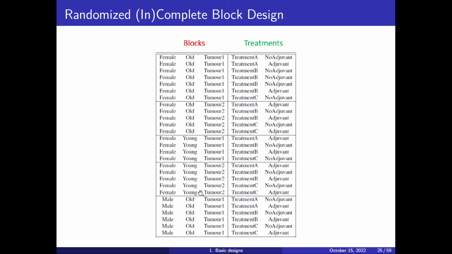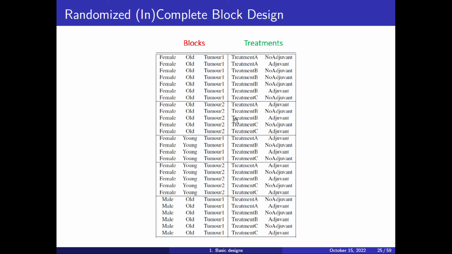And you may observe an interesting feature here, that the combination of treatments does not need to be the same in each one of the blocks, and the block sizes do not need to be the same. So you see there are bigger blocks like this one and a smaller block like this one. I have cut the experiment, so it continues here with male old tumor 2, male young tumor 2, male young tumor 1, tumor 2.